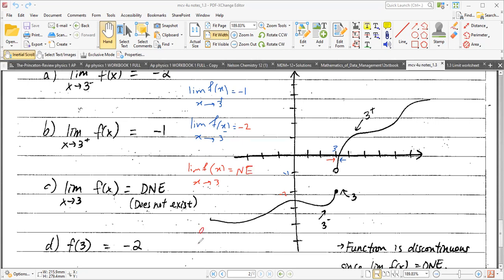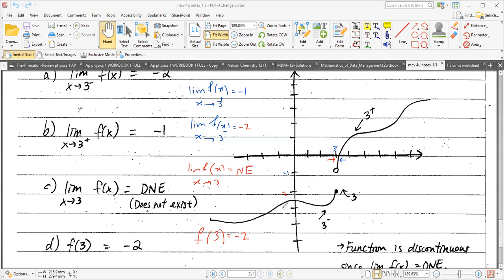Now, what is the value of the function when x is 3? So I have to look at this point. See, this point is empty. When the x is 3, I don't look at that. I look at the filled circle. Is equal to -2. As you see, if the function is not the same as the limit, your graph is discontinuous.